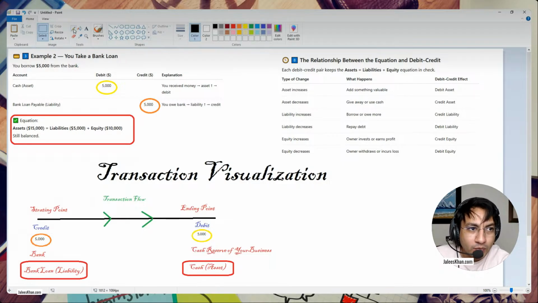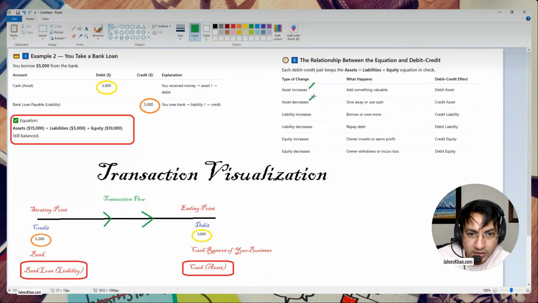First of all, we get the idea of this one. The debit asset is the end of the transaction, and that's why it is increasing.